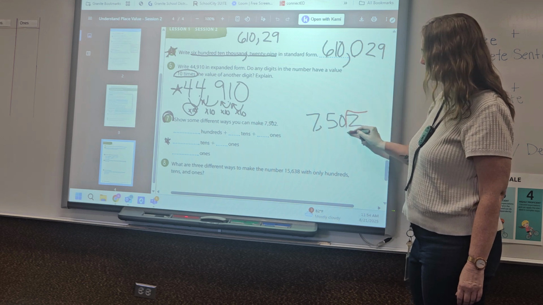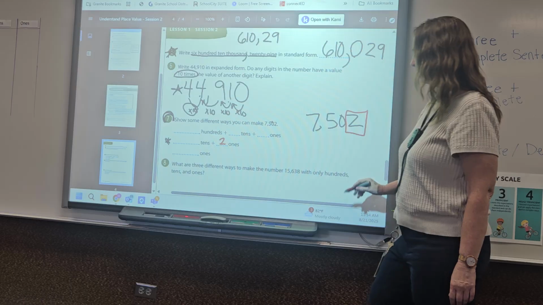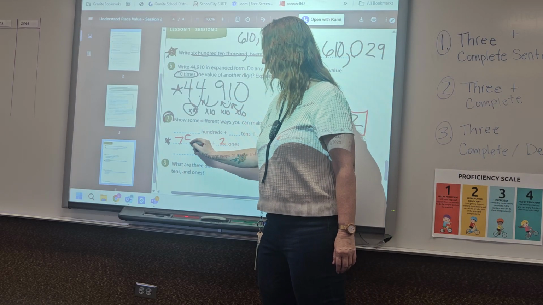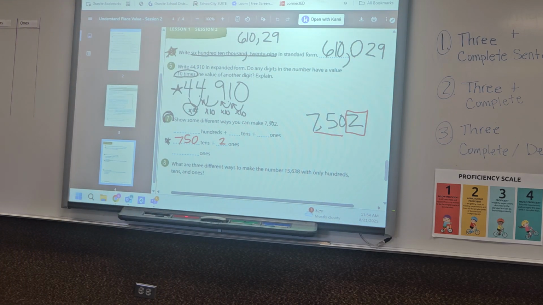The ones, we only have a 2. All the rest of the numbers are going to go right here. So there's 750 tens and 2 ones. We don't really say it that way, like the one above, but that's how we would do it.